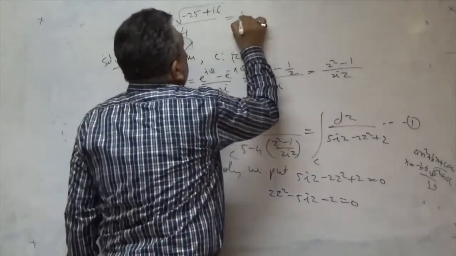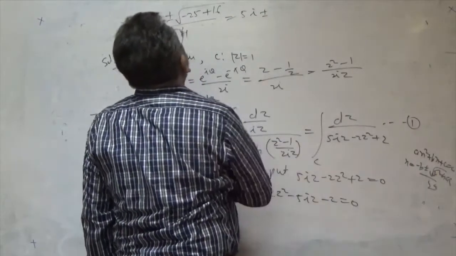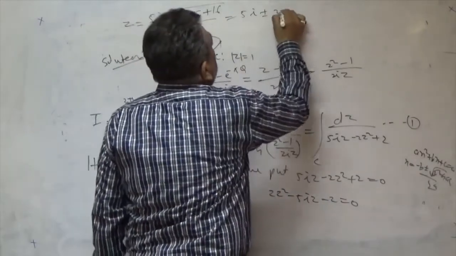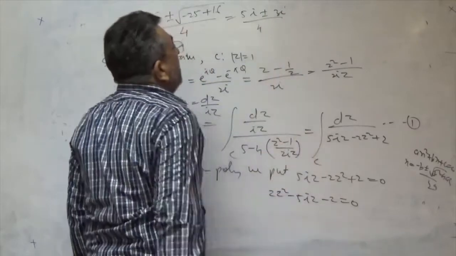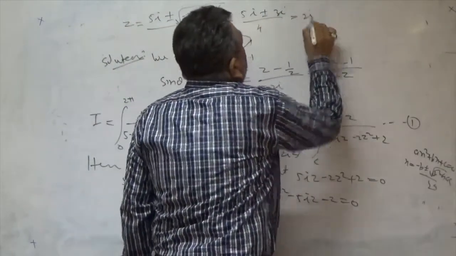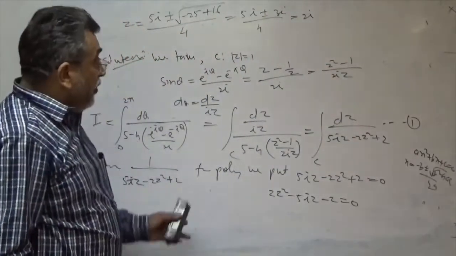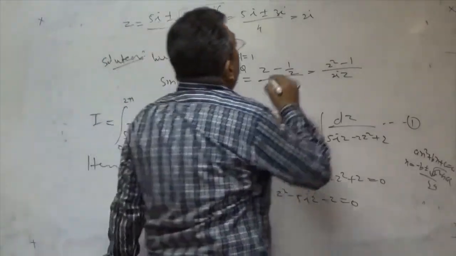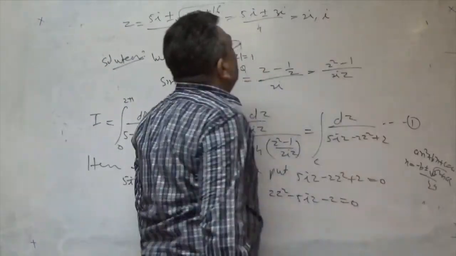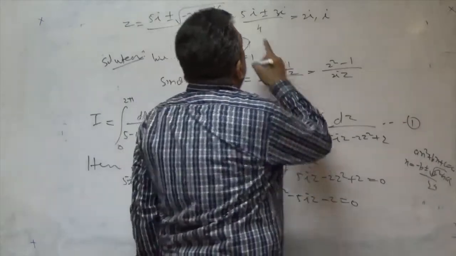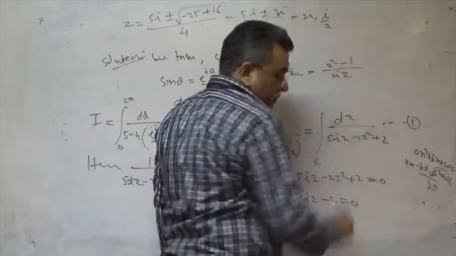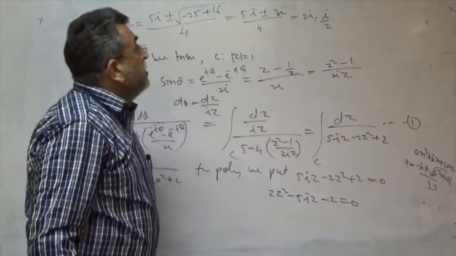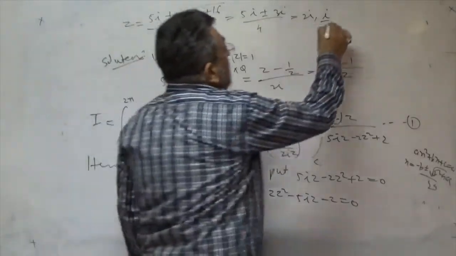This is 5i plus or minus the square root of minus 9, which is 3i, upon 4. If we take the positive sign, we get 5i plus 3i, that is 8i upon 4, which is 2i. If we take the negative sign, we have i by 2. These are your two poles.